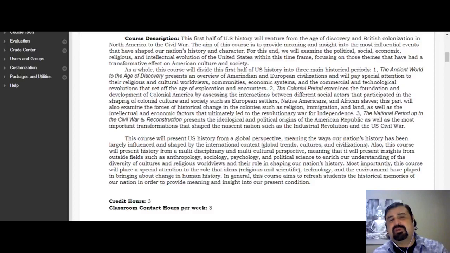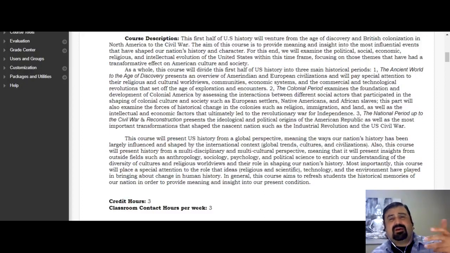Whereas, of course, in the South, we're going to see the South stagnating and remaining pretty much agricultural, devoted to the production of cotton through the use of slave labor. So we're going to be paying attention to that, the Industrial Revolution, how this process of industrialization took place in the North, how the North is changing very rapidly, with the coming of the factory system and the railroads, for example.